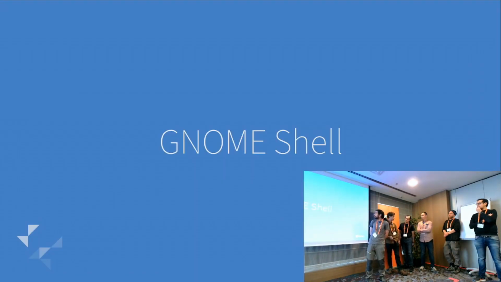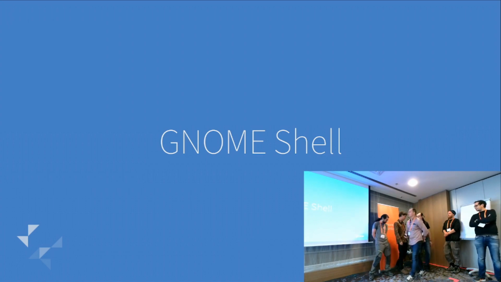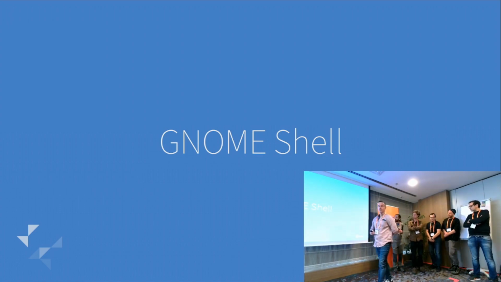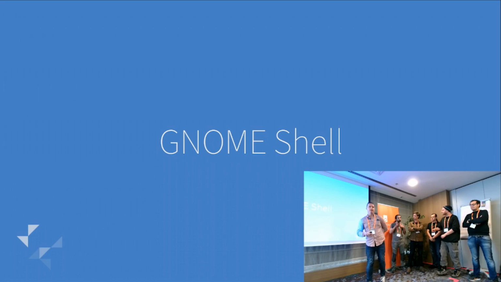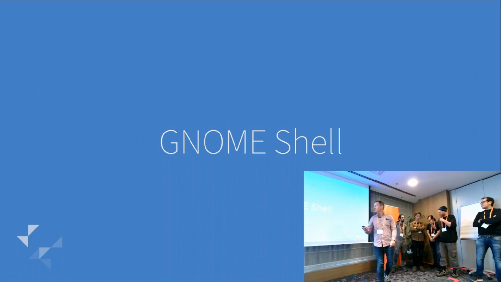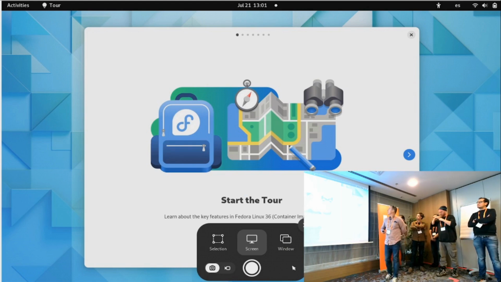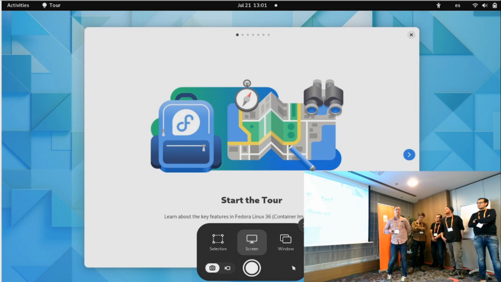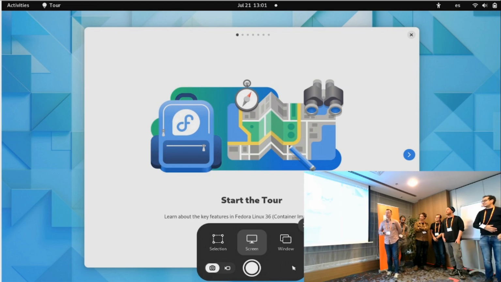And now, we're moving up a level to GNOME Shell, which are the user visible bits of the GNOME desktop. You're probably familiar with this already because it is a feature that landed in GNOME 42, which was released in spring this year.